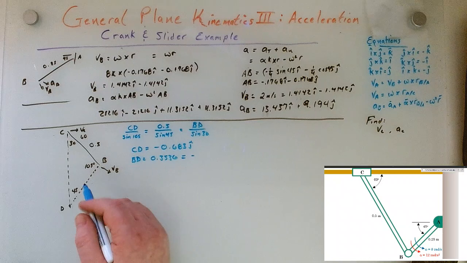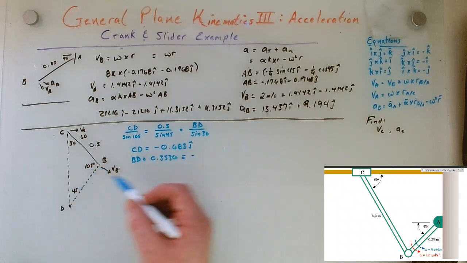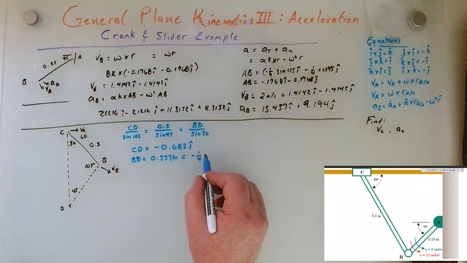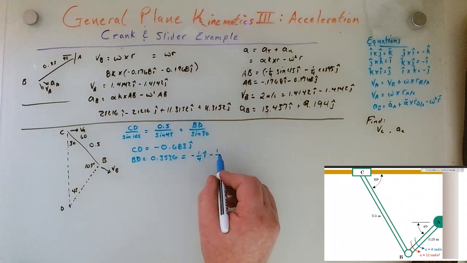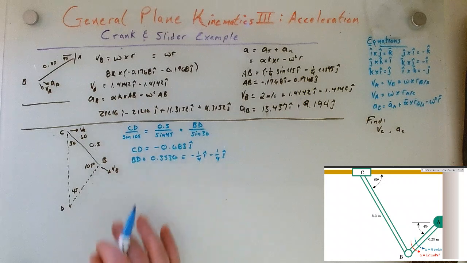Both are going in the negative direction, so it's minus 1/4 I minus 1/4 j. And those are our vectors.